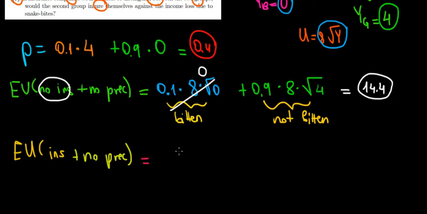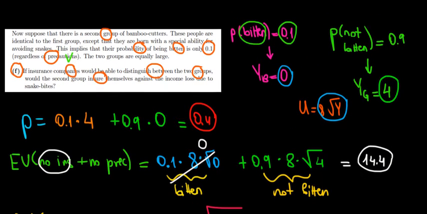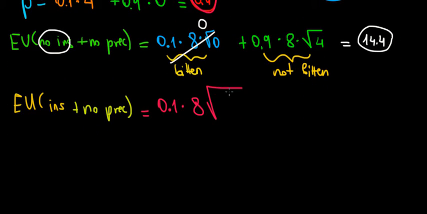Well, we know that there is a probability of 0.1 of being bitten, and if he is bitten, the utility is 8 times square root of the income, and the income would be equal to 4, because the income would be how much the insurance company compensates. So it compensates 4 euros to cover for the loss, but the guy must pay 0.4 in premium for that insurance, meaning that the income will be 4 minus 0.4, 4 minus the premium for the insurance.